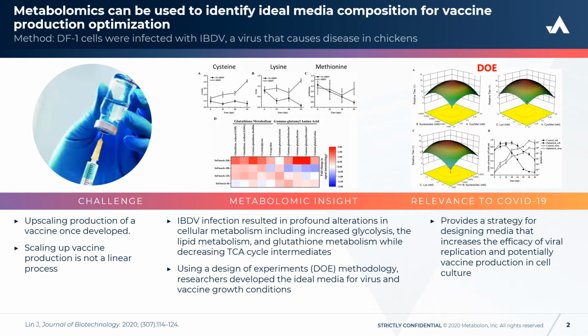Taking what we learned from the metabolomics and marrying that with a design of experiment methodology, the researchers were able to come up with a strategy to formulate a new optimized media. The options for optimization could have included things like glucose or lipids, amino acids, nucleotides.